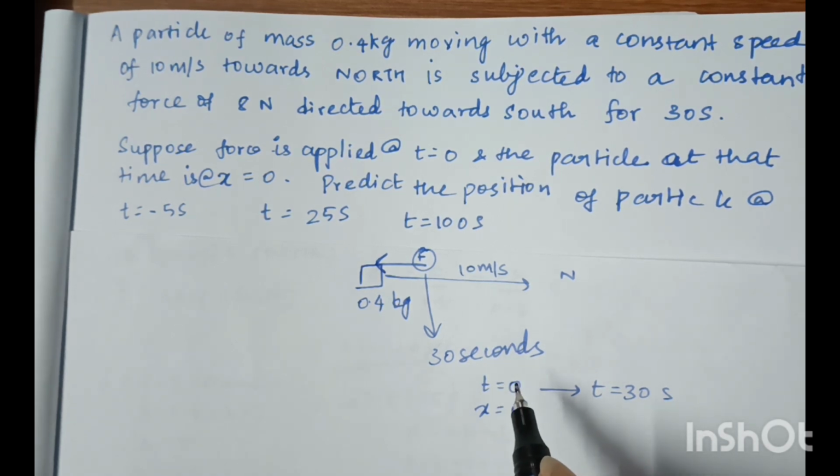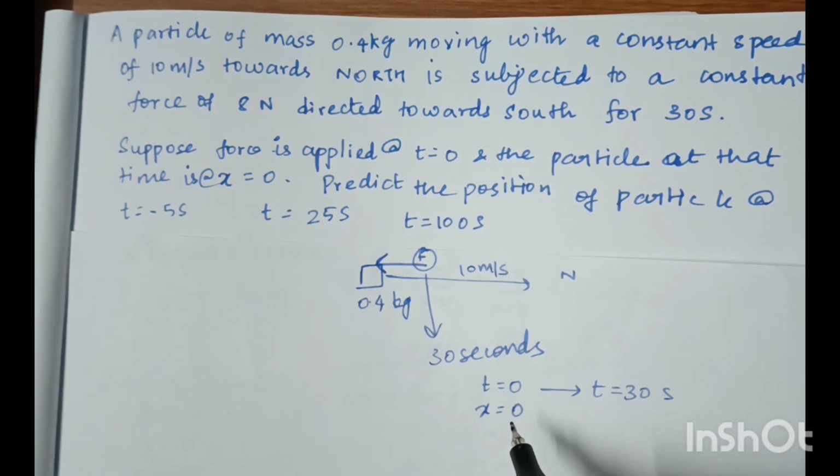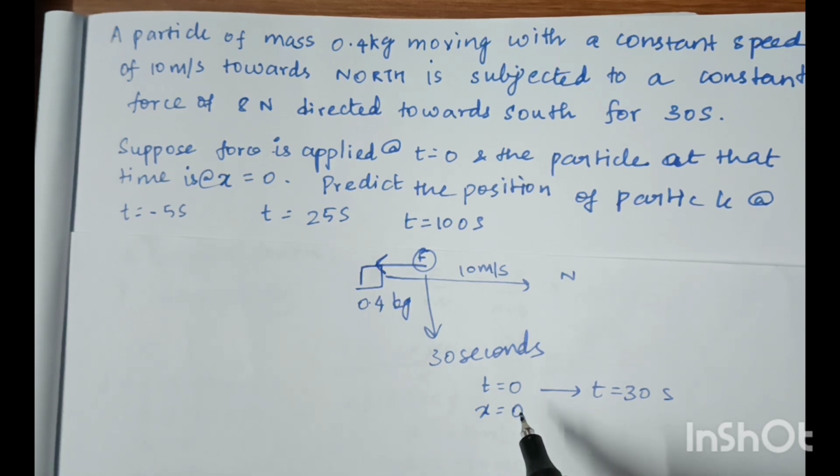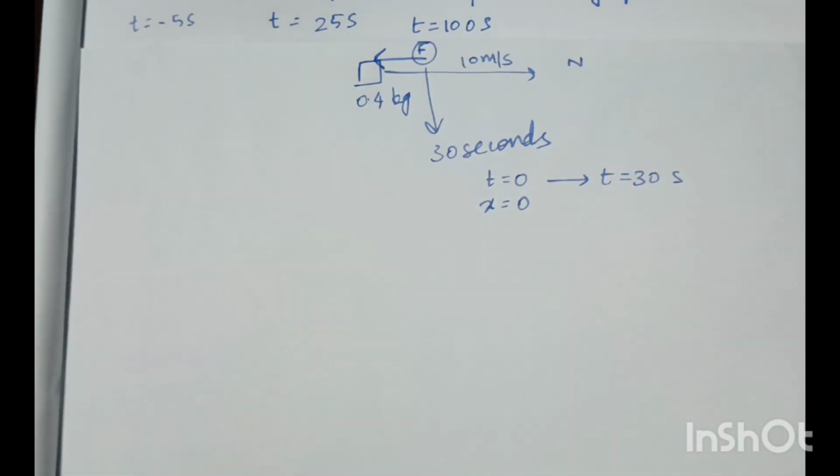Now we have to predict the position of the particle at t equals minus 5 seconds, 25 seconds and 100 seconds.